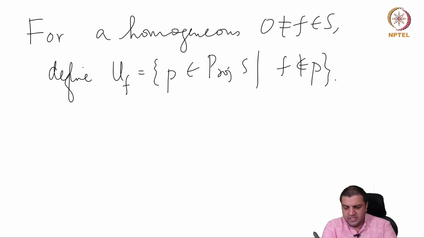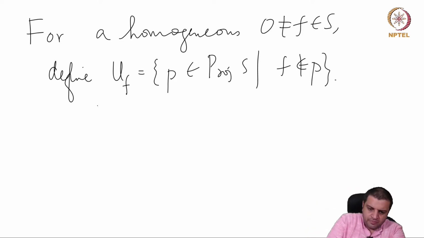For a homogeneous non-zero element F, we can define UF to be the homogeneous prime ideals which don't contain F. This is the complement of V of F, V of the ideal generated by F. So these are open, and these will be the basic open subsets in this topology.